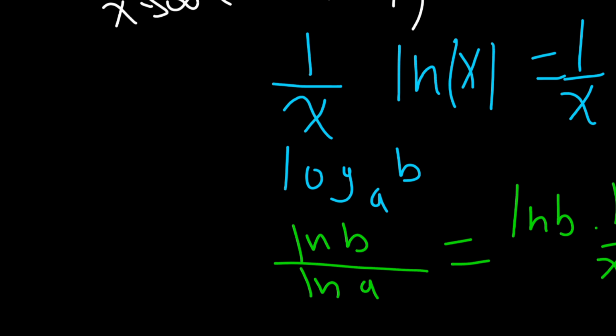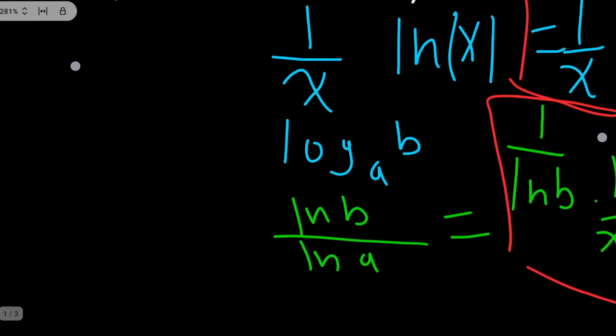Now it's a weird little thing to memorize. Sorry, 1 over ln a times 1 over x. So these are just two things to memorize here: this for logs and this for your natural logs.